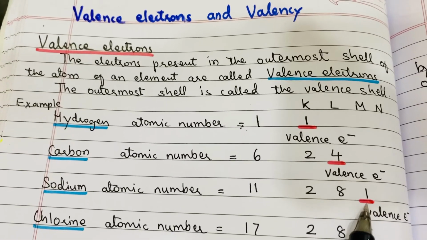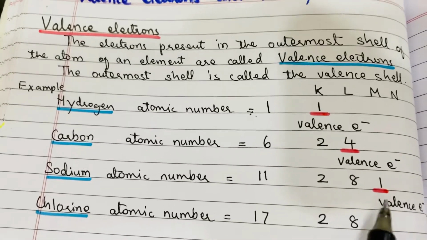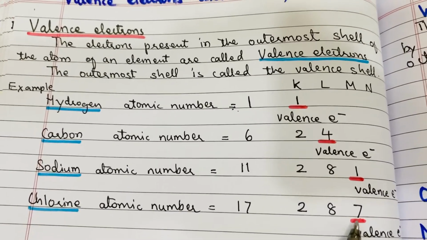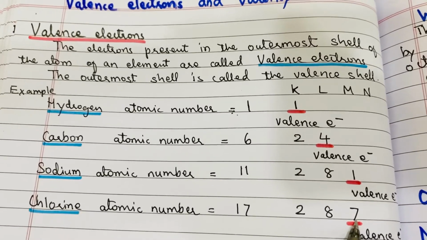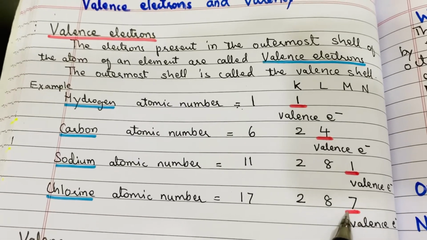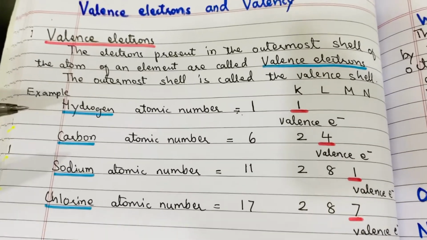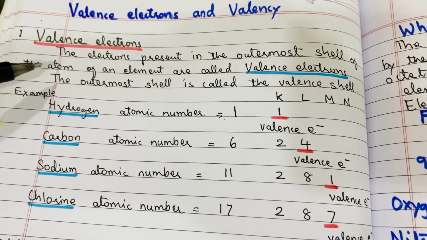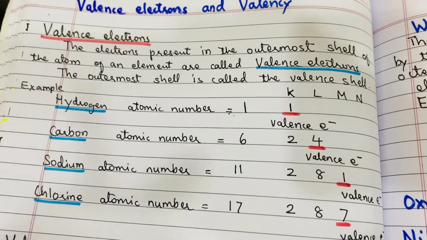How many valence electrons here? 1. Next is the chlorine atom, atomic number 17. In its outermost shell, how many electrons are present? Yes, 7. So valence electrons are 7 here. Now we know, students, what valence electrons are: the electrons which are present in the outermost shell are called valence electrons.